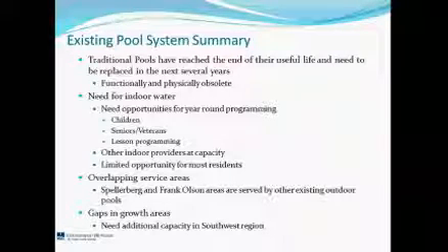Existing pool summary. So what we found is the traditional pools have reached the end of their useful life. The typical life of an outdoor pool is about 30 to 50 years. As you can see in the appendix of the report, we noticed numerous compliance issues with each of those facilities, and it's really past the point where it makes sense to repair those pools because of their age. Beyond the physical obsolescence, they're also functionally obsolete, and we see that in the attendance with all of your newer facilities.